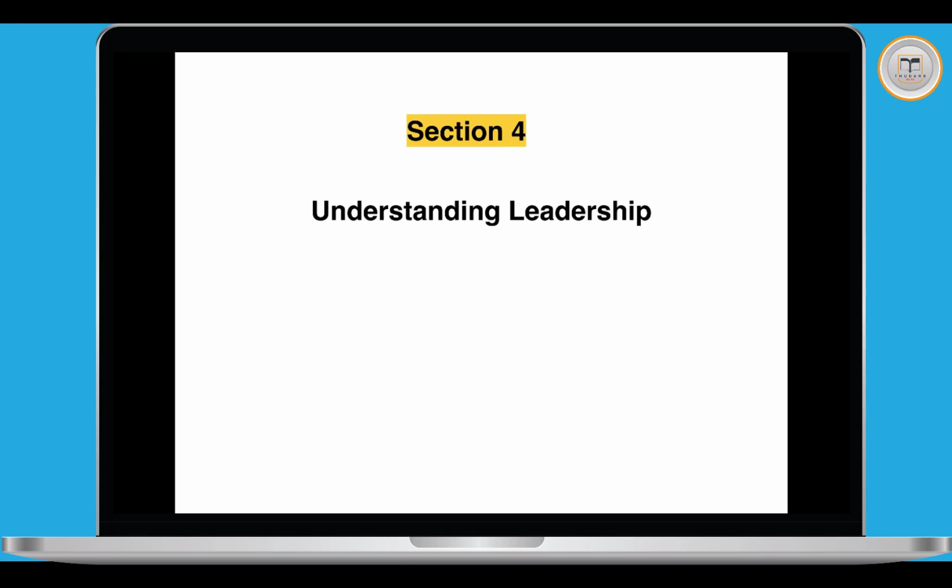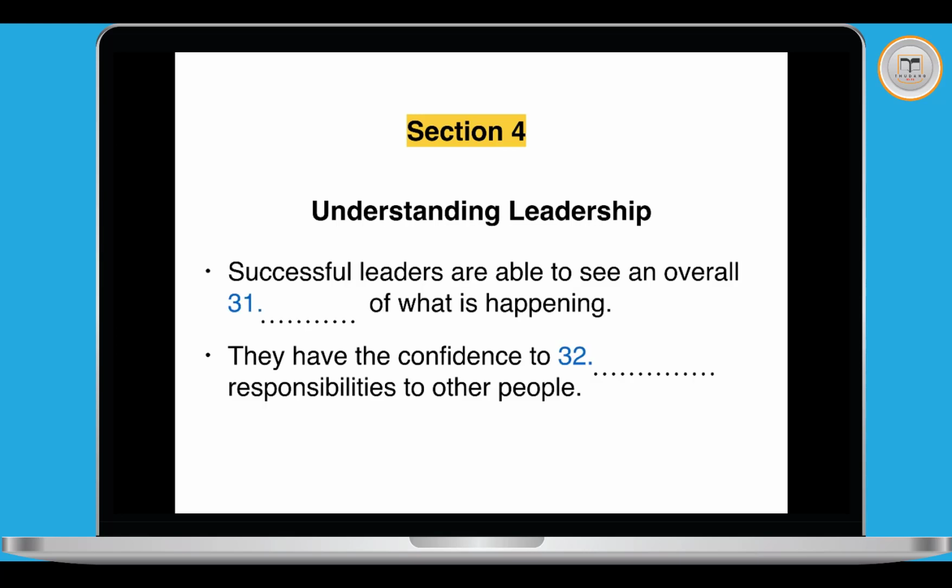Here are the questions, and it's going to be one word in each gap in this gap fill. So the first one, successful leaders are able to see an overall something of what is happening. Let's underline the key words. Successful leaders see an overall. And I've highlighted the word an because that tells you it's going to be a noun.